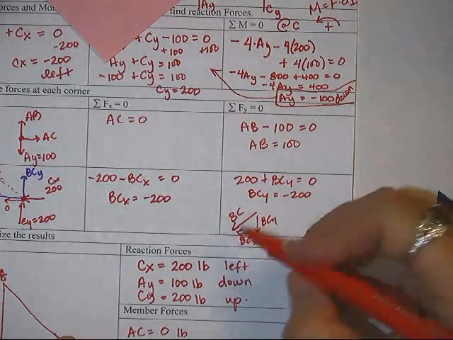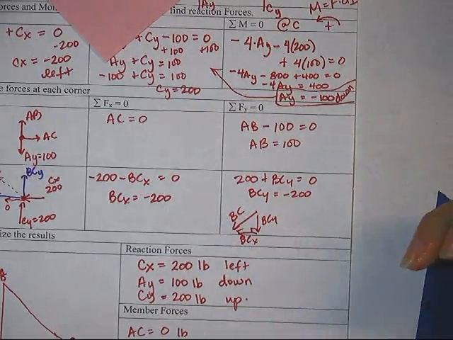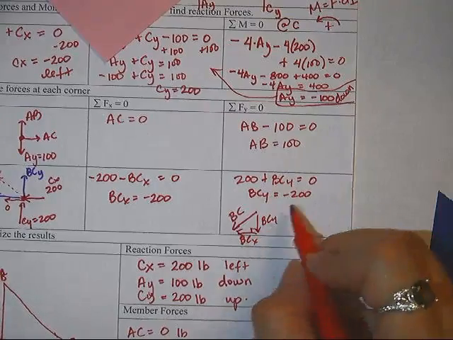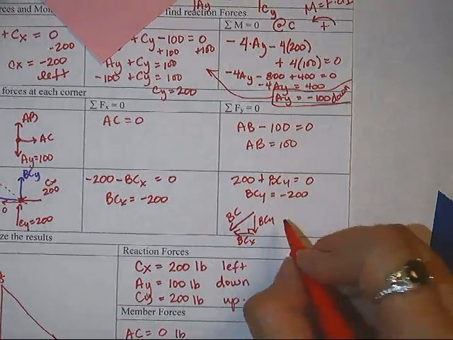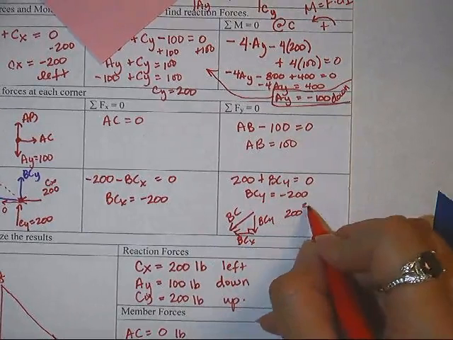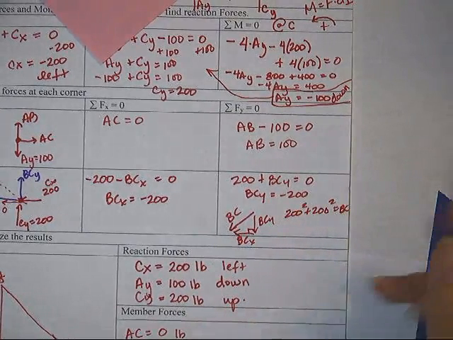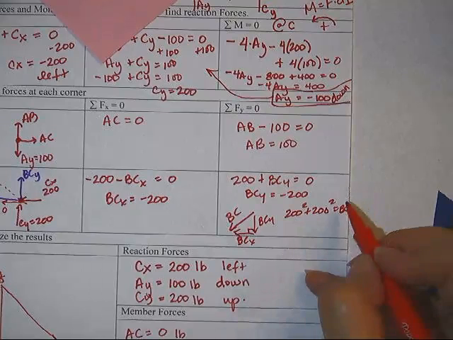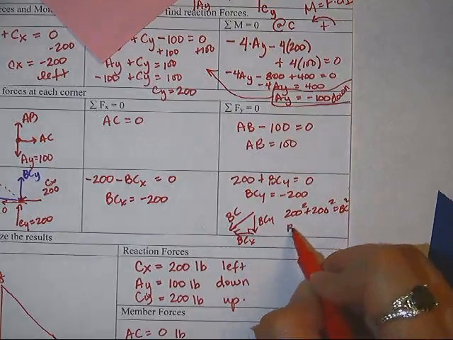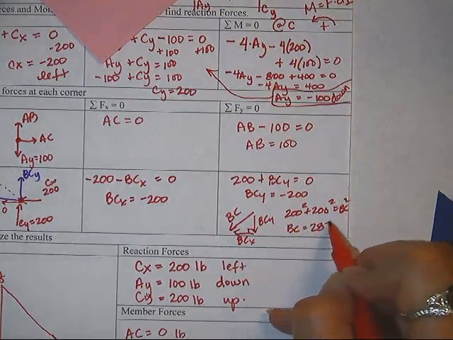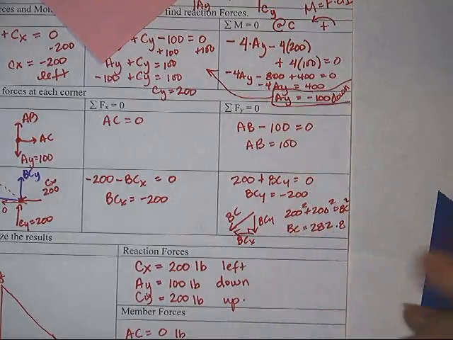Well, what kind of triangle do we make there? We make a little right triangle, so I can just use the Pythagorean theorem to find what BC is. So that's 200 squared plus 200 squared equals BC squared. Toss it in your calculator, and we get that BC is equal to 282.8.